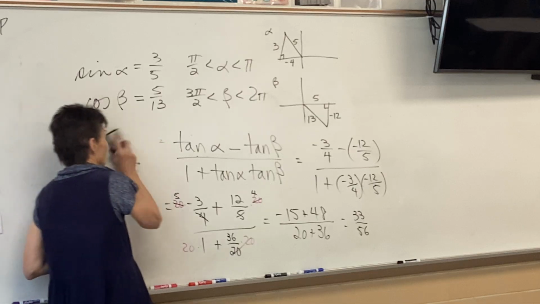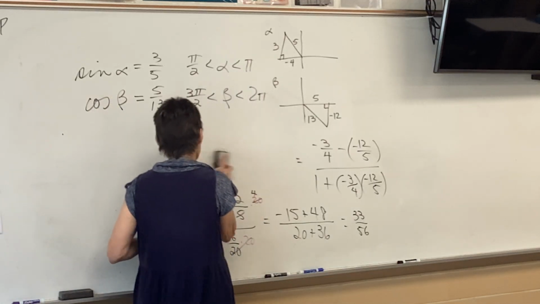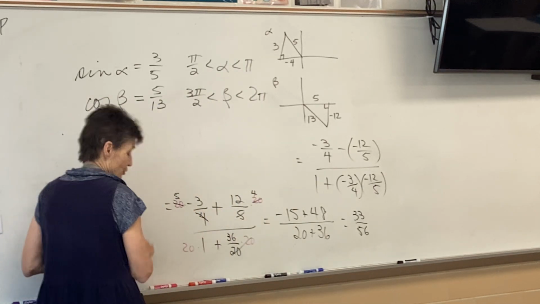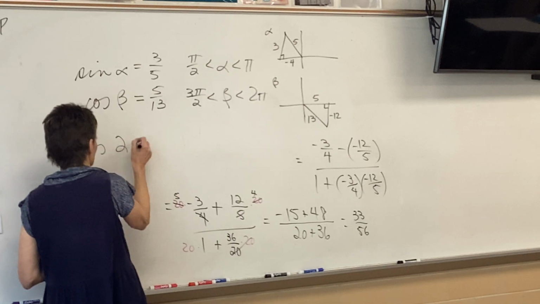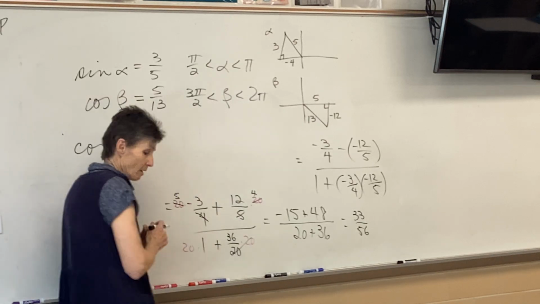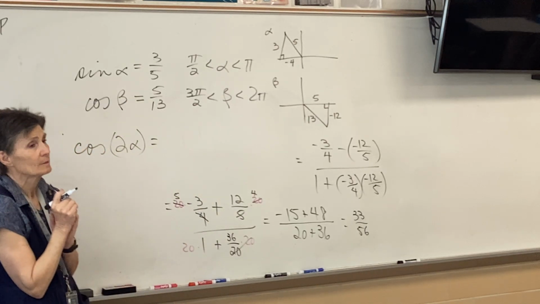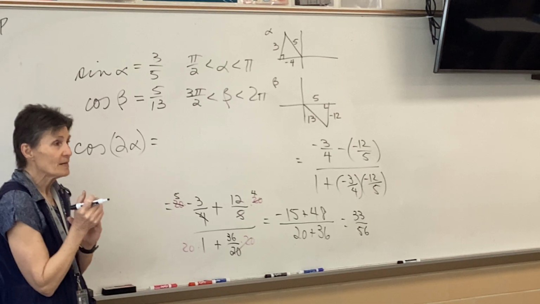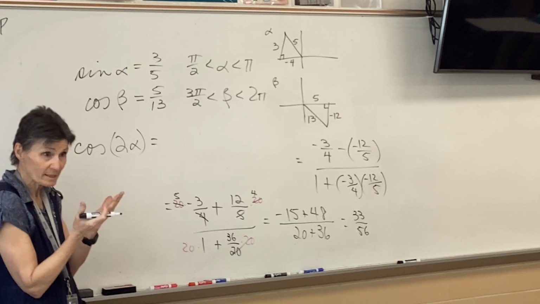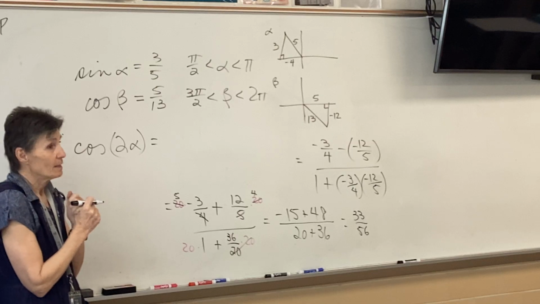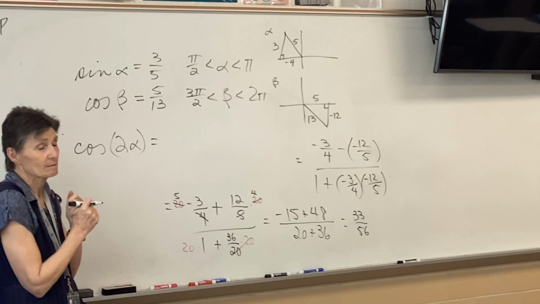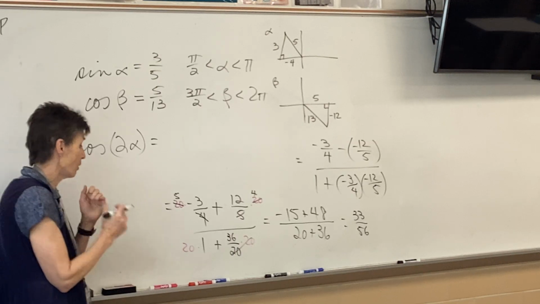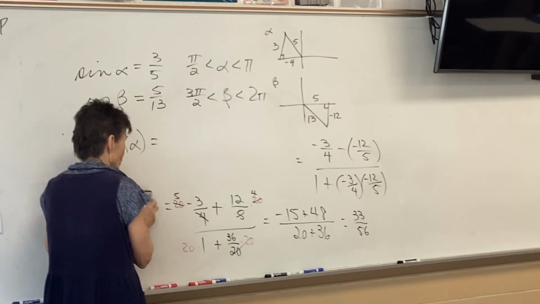Problem C. Cosine 2 alpha. All right, find your formula. This one, you have a choice. It makes no difference which one you want to use for cosine 2 alpha.